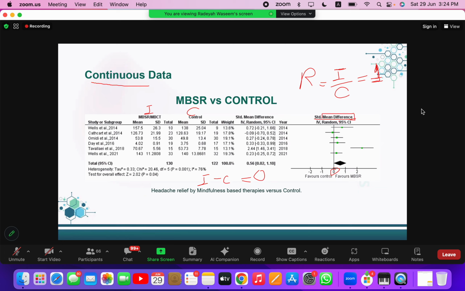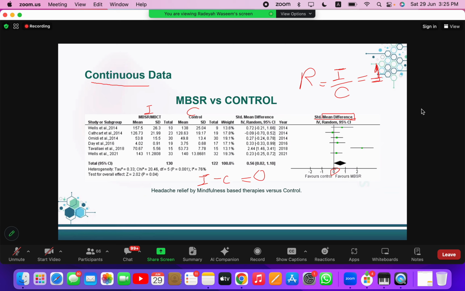Mean difference means calculating the difference, which means you subtract both the values. If the intervention group and the control group have the same values and you subtract those values, the answer will be 0. That is why the line of no association for continuous data is represented by 0.